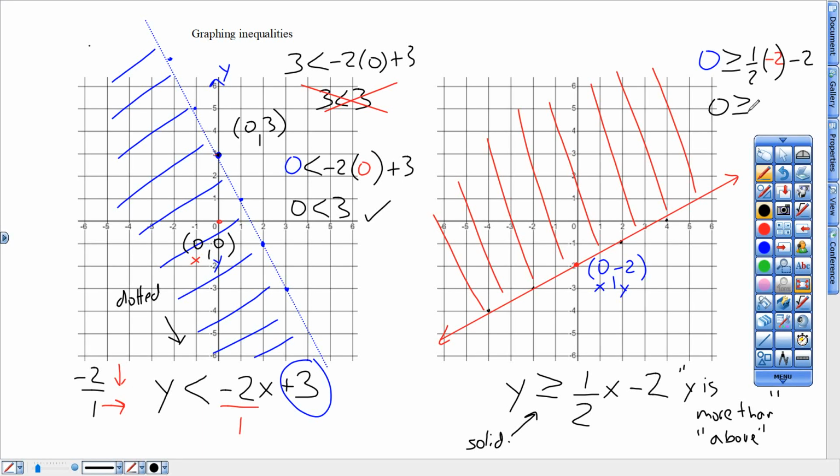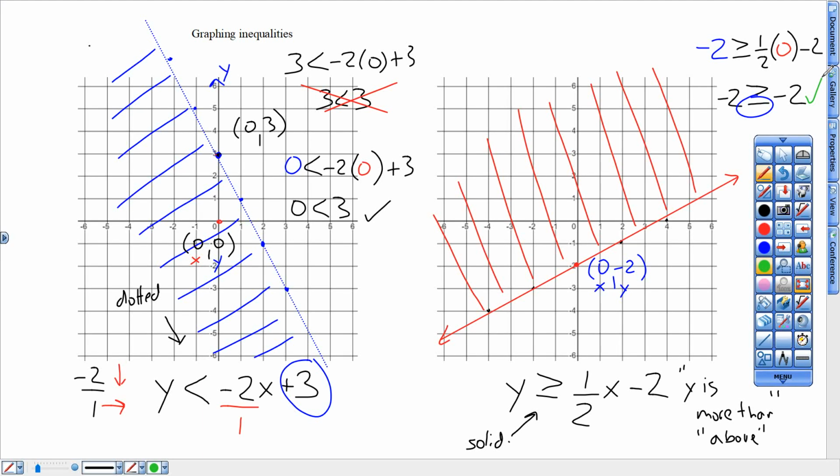Oh, whoops. Let me show you that check again the right way. Plugging in negative 2 for y, sorry about that, gives me more than or equal to 1/2 times 0 minus 2. That gives me negative 2 greater than or equal to negative 2. It's not greater than, but because of the equal part, that makes this true. That means points on a solid line you can check, because they'll have that little equal line to make them true.